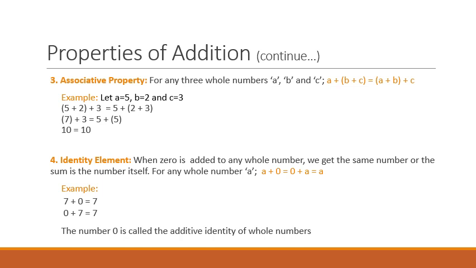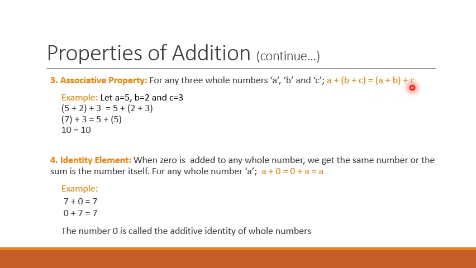Now let's see the third property of addition: the associative property of addition. The associative property of addition says that for any three whole numbers a, b and c, the sum a plus (b plus c) in brackets is equal to (a plus b) in brackets plus c.